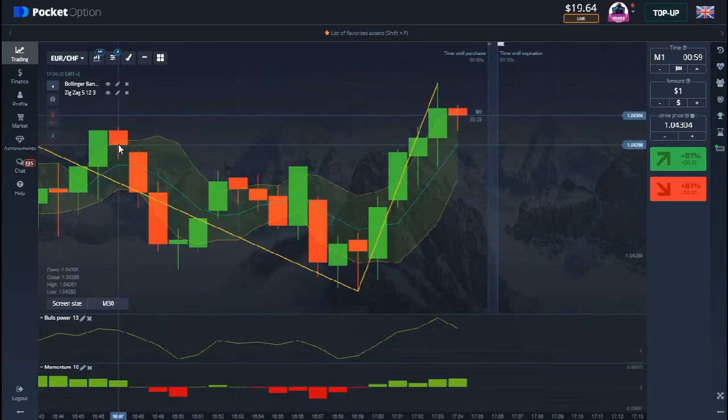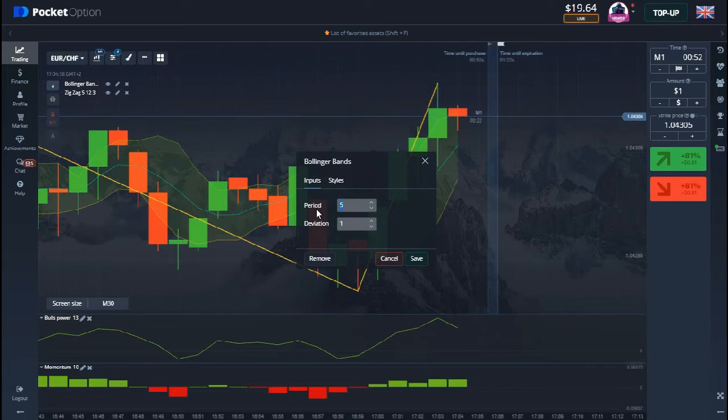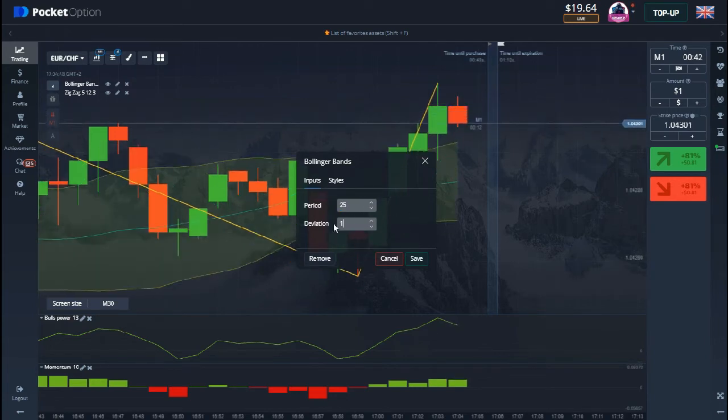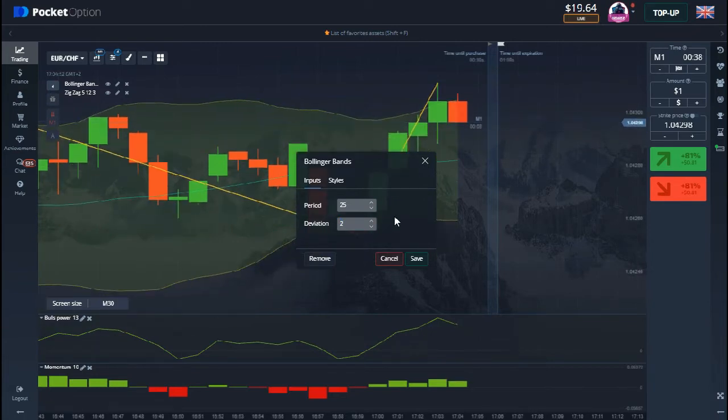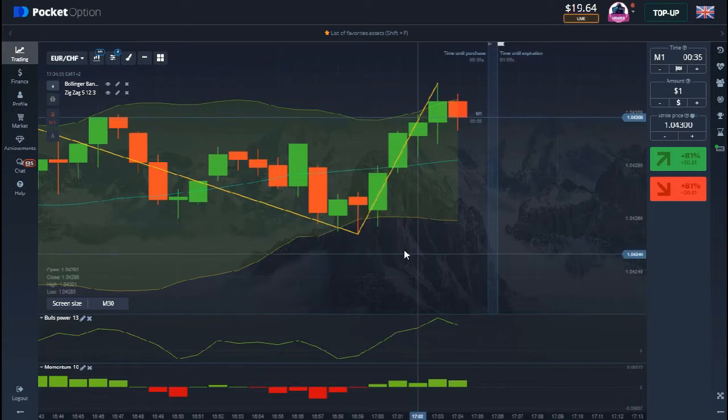The Bollinger Band setting I am using is 25, and the deviation is 2.